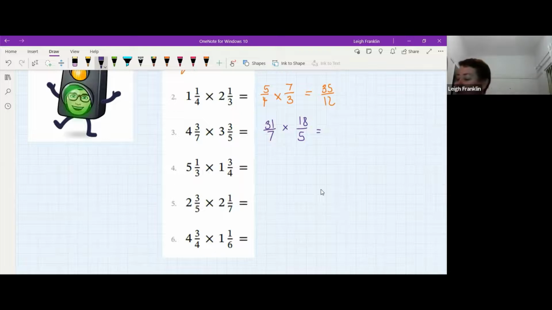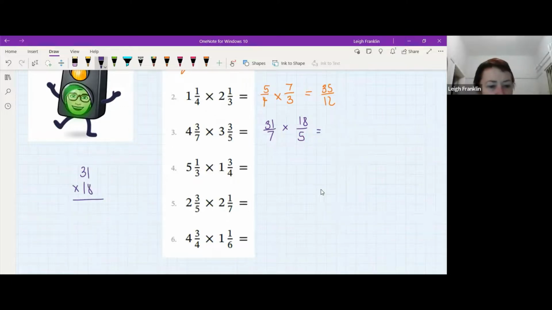Okay, so when you multiply fractions, you have to multiply numerator with numerator and denominator with denominator. So you have to say 31 times 18. What would that leave you with? Bit of a horrible one to have to multiply. 558.